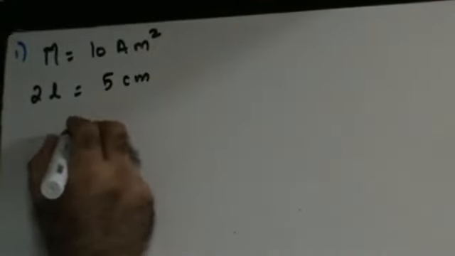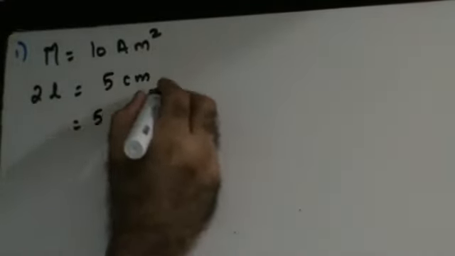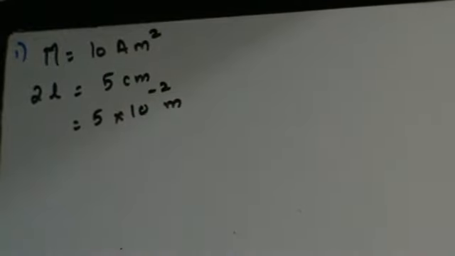A bar magnet has a magnetic moment of 10 ampere meter square and a magnetic length of 5 centimeters.